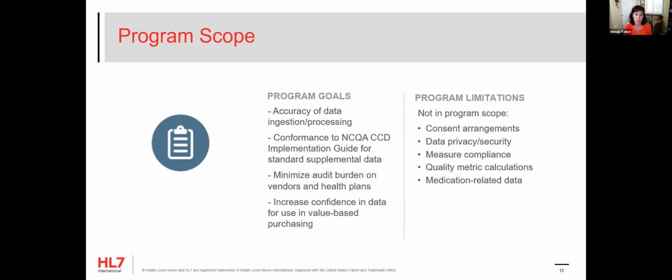And then the one area that we did not include in our implementation guide and the review and validation process, at least in this first round, is medication data. The purpose of that at this point is that most NCQA HEDIS measures require the actual dispensed event in order to count for a pharmacy-related measure.